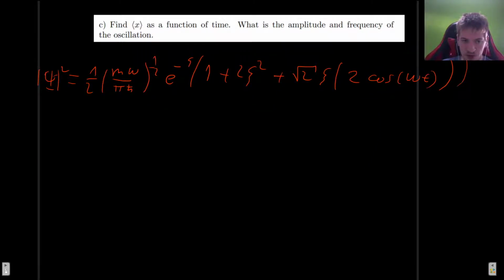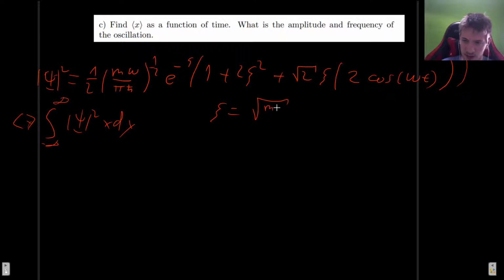Because what we want to do now is just find this expectation value of x, which, remember, is going to be the integral of psi squared x dx. Okay, but we are working with psi here, so remember, psi is square root of m omega divided by h bar times x.